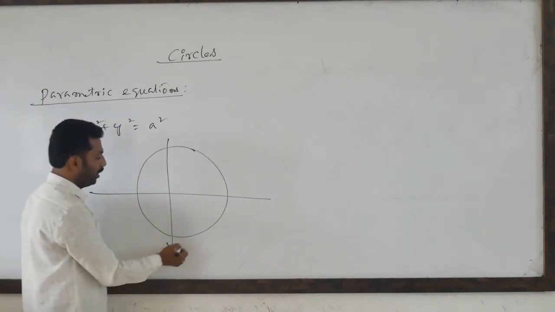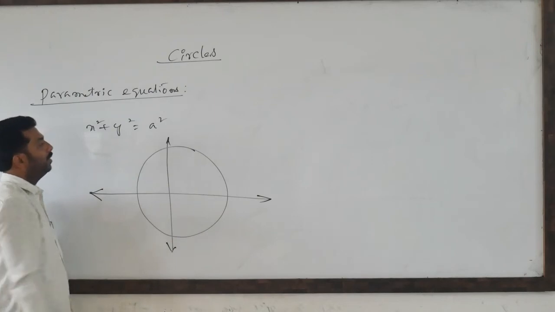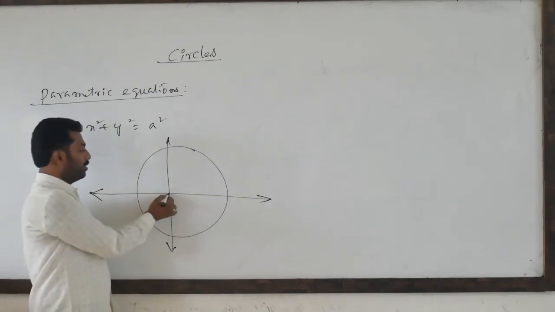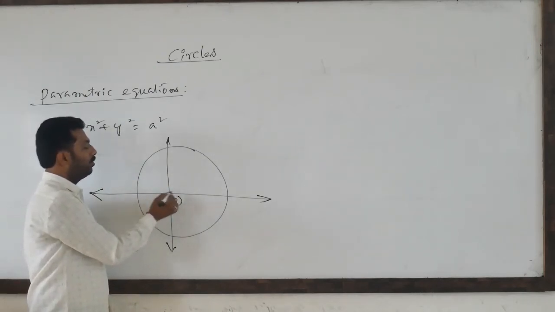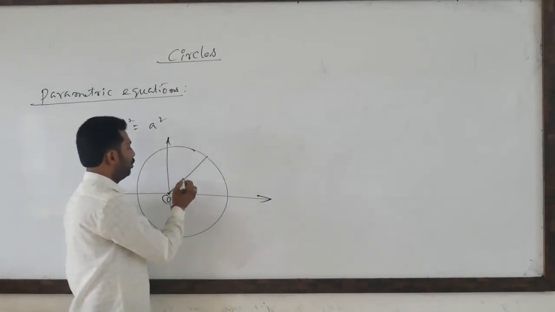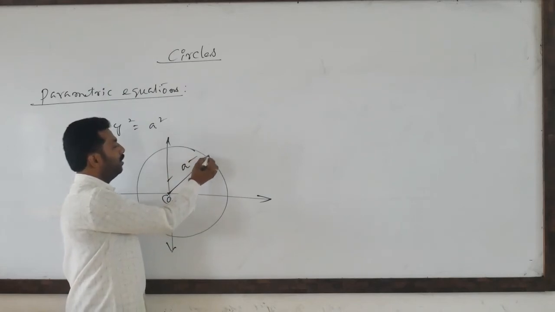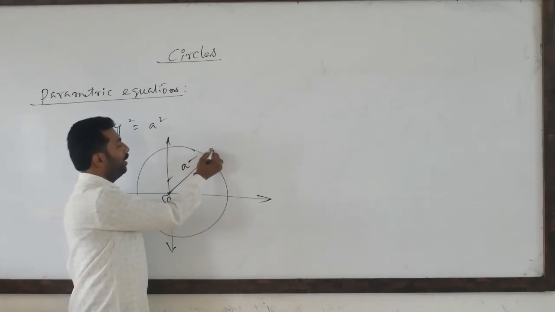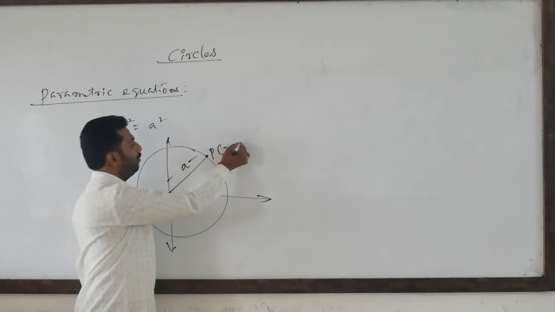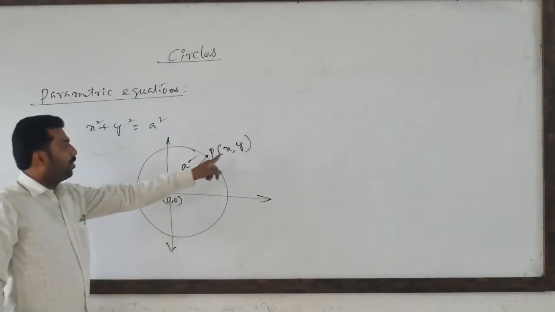These are the coordinate axes. So center at origin, so this is 0, 0. Radius means a units I am taking. So here one point I am taking, that is P of x, y, means the point on the circle.